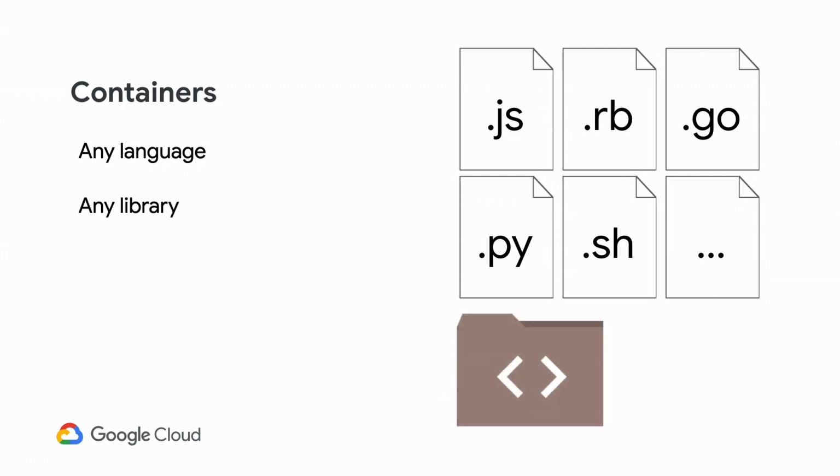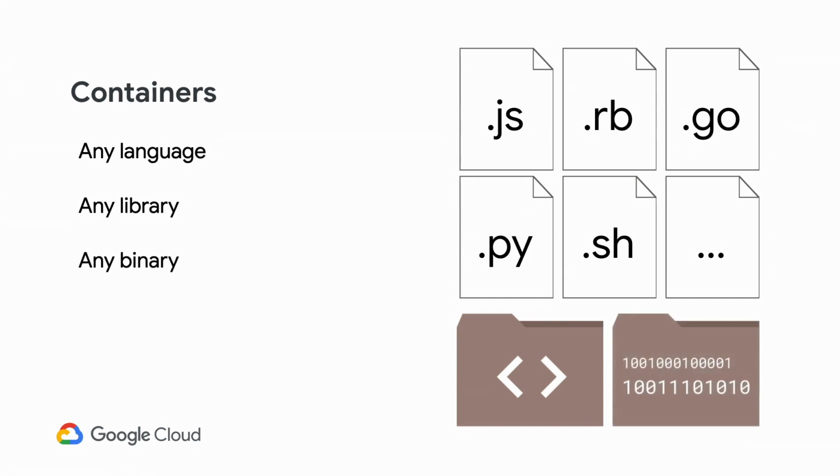You can also bring any libraries, any dependencies, any binaries inside your Docker container. And there are plenty of base images available out there, either in Docker Hub or some other public repositories. Even Google Cloud provides secure base images that you can choose for your applications. And lastly, containers have become an industry standard for packaging and distributing your application.